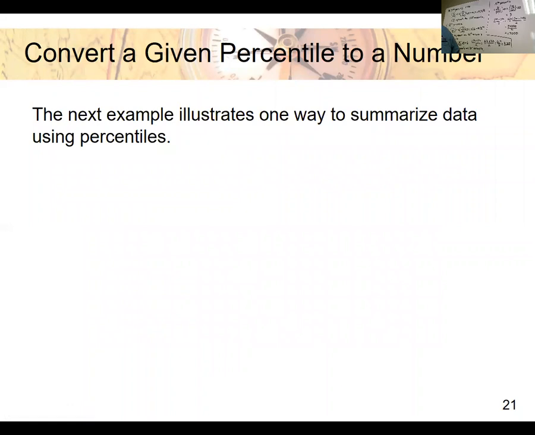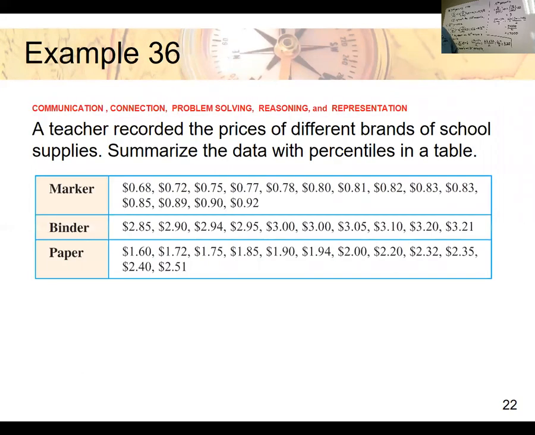All right. In this next example that I'm going to show you, this is going to be one way of summarizing data using percentiles. A teacher recorded the prices of different brands of school supplies. Summarize the data with percentiles in the table. So here we got cost for markers, for binders, and for paper.